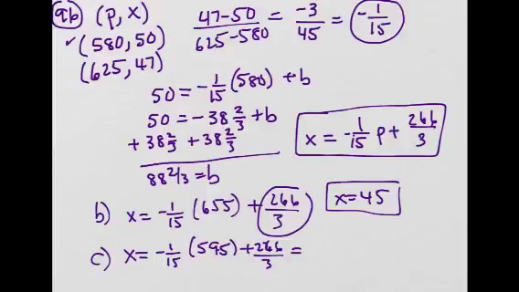Plug this into the calculator: 595 divided by 15, change the sign because it's negative, and then add 88 2/3. So if they lower the rent to $595, 49 of their units will be occupied.